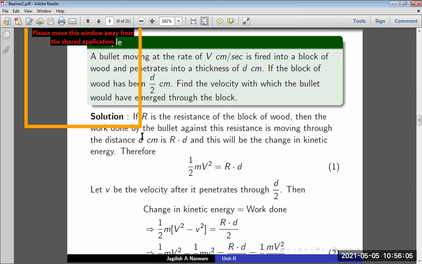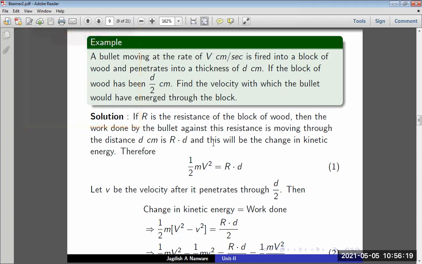So again, we denote by capital R the resistance of the block of wood. Here, in the earlier example, we did not know the material of that block, but here we have a block of wood. Then the work done by the bullet against this resistance, moving through the distance d, is R into d.